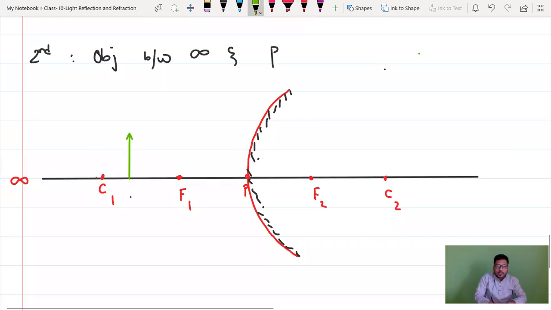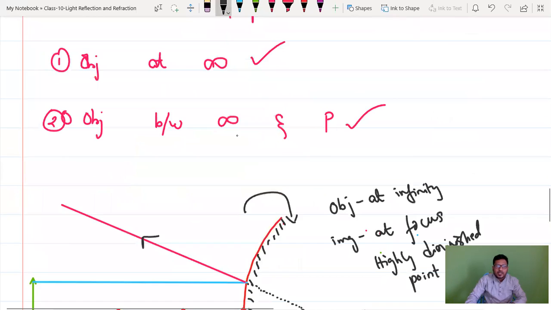This is object, guys. Okay, first light ray, what we will do? We'll pass light ray parallel to principal axis. Now light ray is, okay, object is up to here. Light ray is parallel to principal axis. Now, if light ray is passing parallel to principal axis, you can see the first rule.